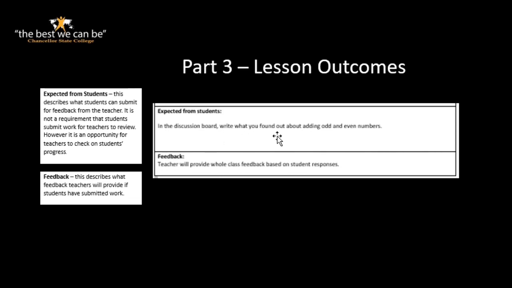There'll be additional videos that parents and students can access on using class journals and class discussions. These will be the two main ways that teachers will provide feedback to students, as well as email.